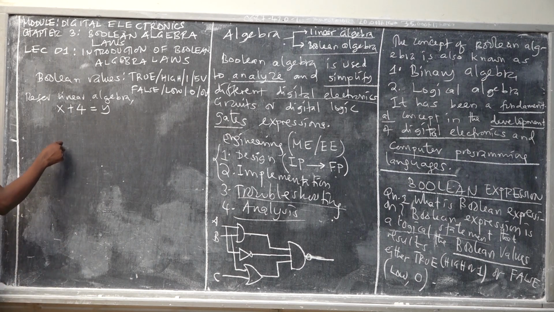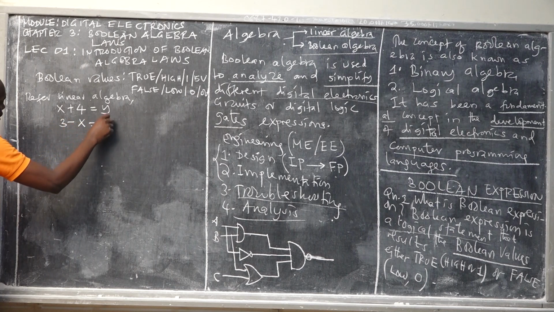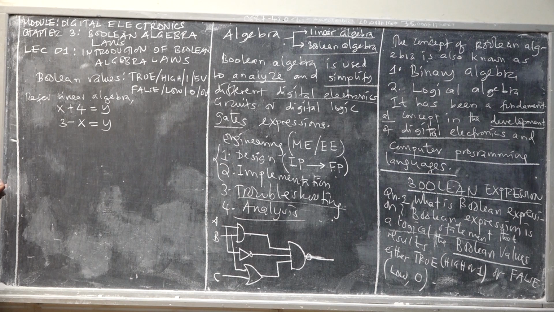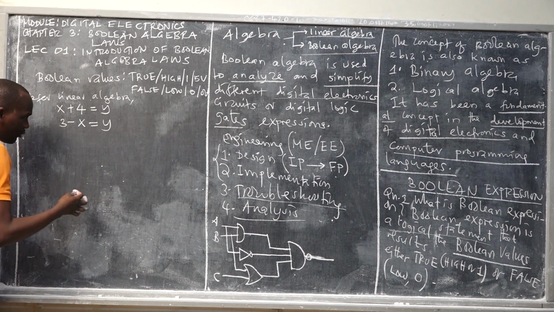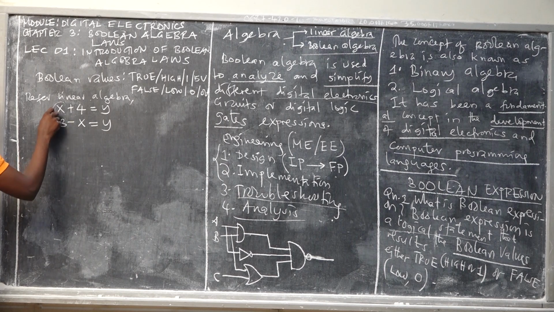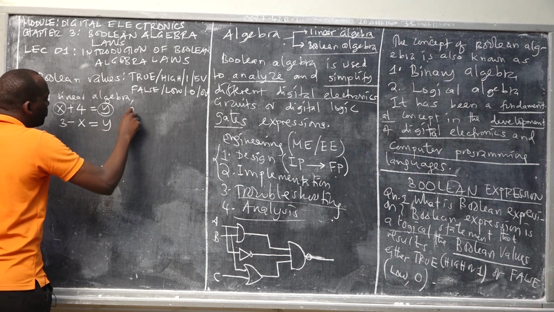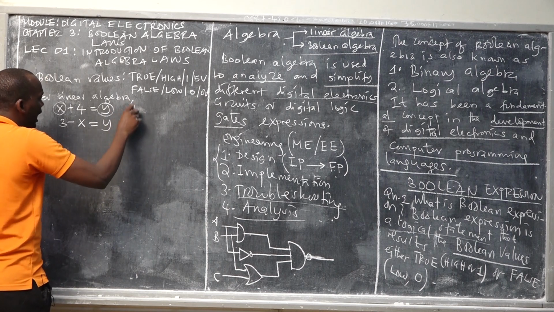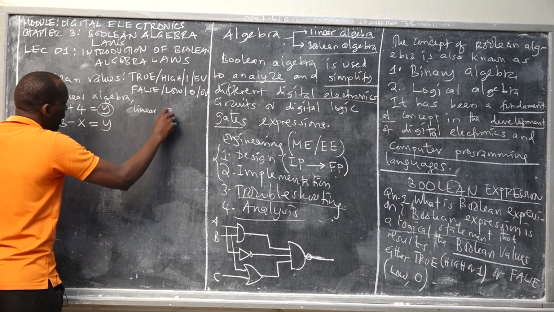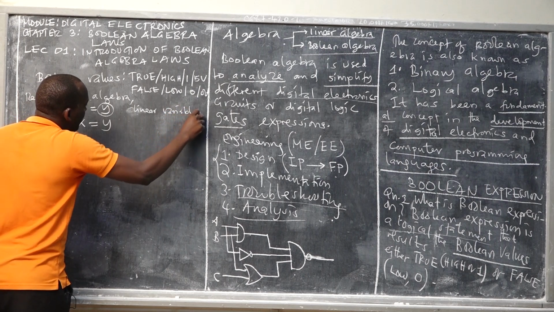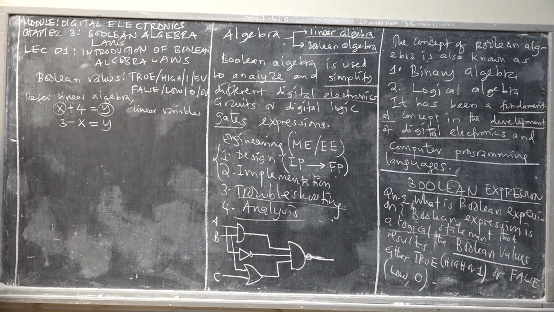Then you can have another equation. We say that maybe we have 3 minus x is equal to y. You can solve it to find the value of x. In linear algebra, x and y we call linear variables.